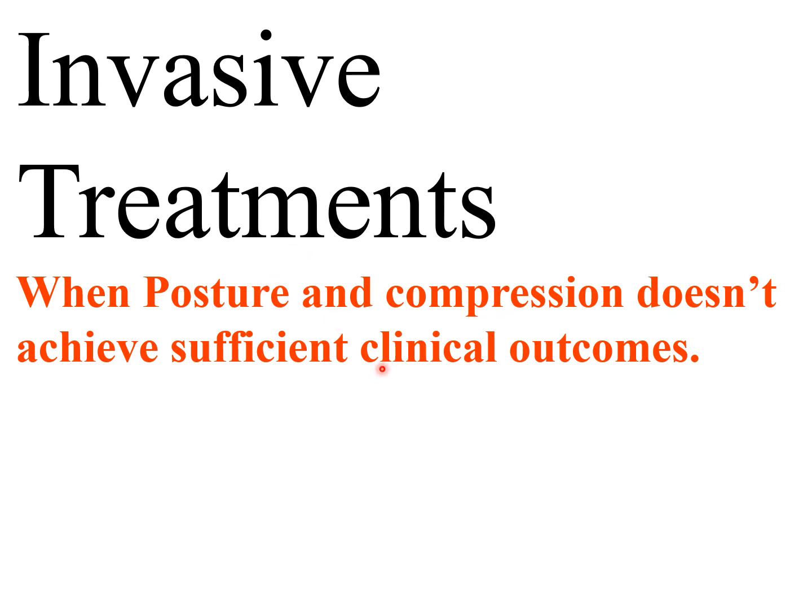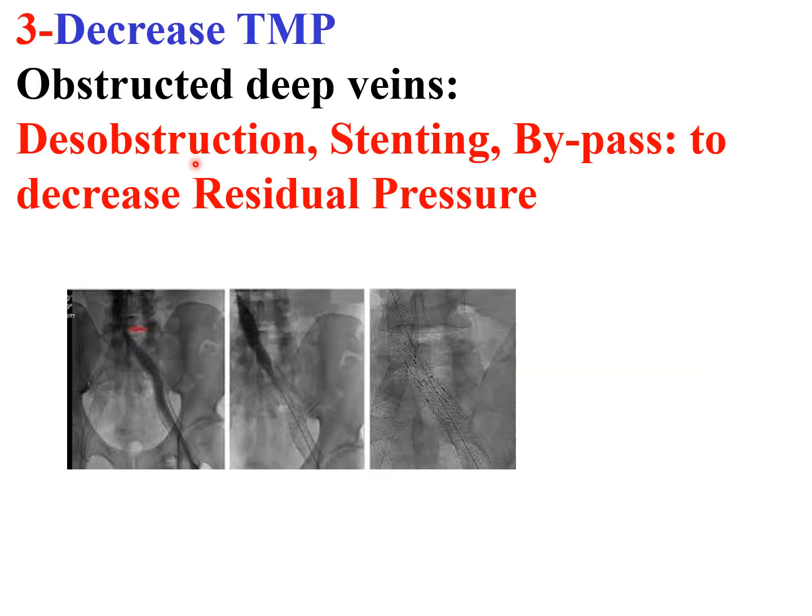Invasive treatment only when posture and compression don't achieve sufficient clinical outcomes. You can decrease the transmural pressure, decreasing the residual pressure, which is the case with these obstructions, by stenting or bypassing.